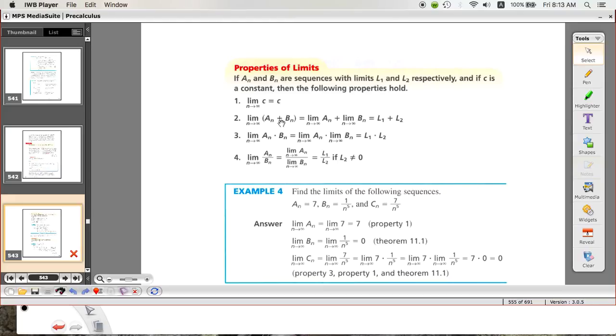Then if we have the limit of two sequences that we're adding together, we can add their limits individually and solve that. Or if we're multiplying two sequences together and then taking their limits, we could do the limit first and then multiply, or same thing with dividing. If we're dividing the two sequences and then taking the limit, we could take the limit individually and then divide it.